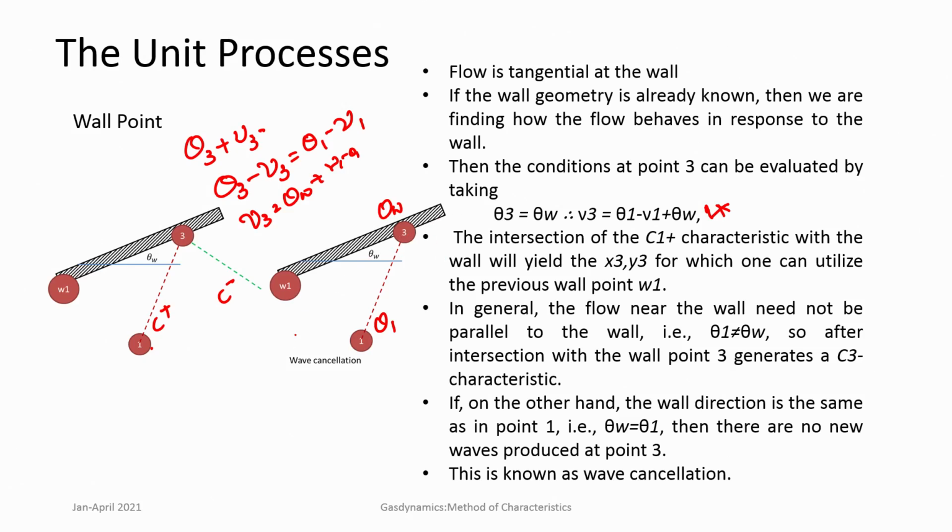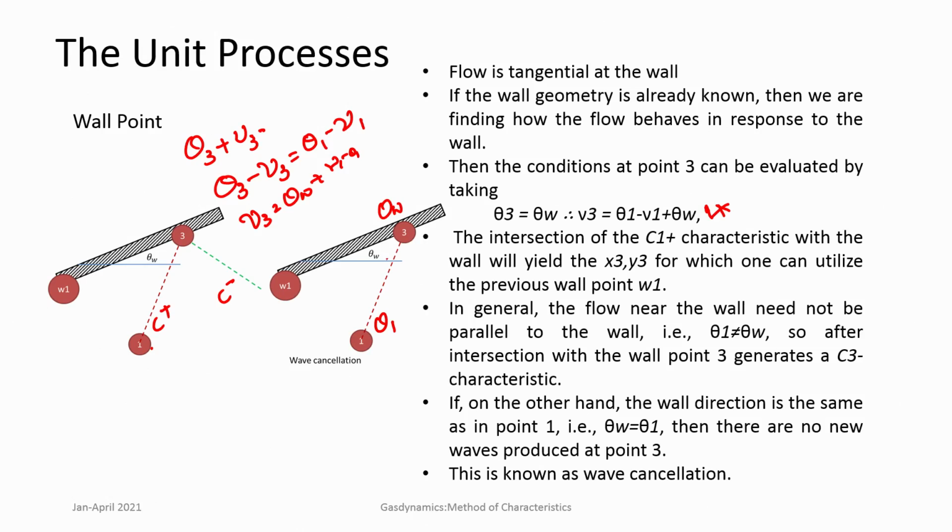This is similar to the wave cancellation that we discussed in the oblique shock case, and Mach waves are nothing but the weak limit of oblique shocks. So, if the angle of the wall is such that it matches the flow direction, then there will be no reflection.